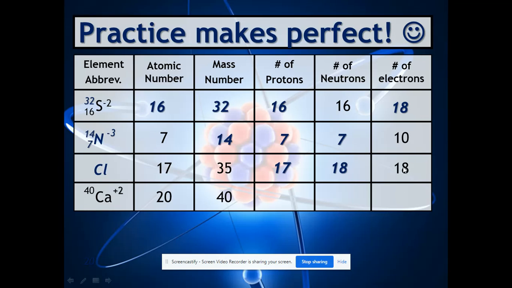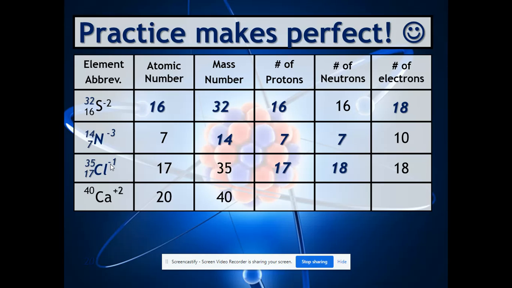All right, so that means that normally I would have 17 electrons because I had 17 protons. That tells me again that I have gained a negative charge, so we're going to put a charge over here of -1. So 35 for our mass number, 17 for our atomic number, and then a charge of -1, or you can just put minus, is fine.